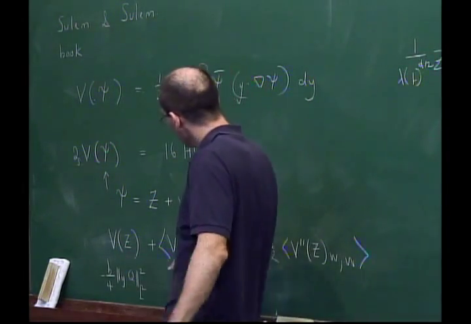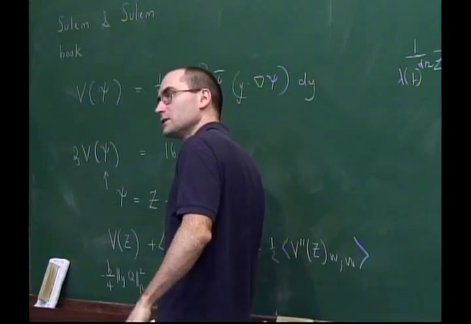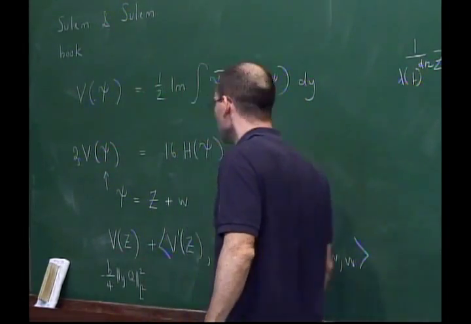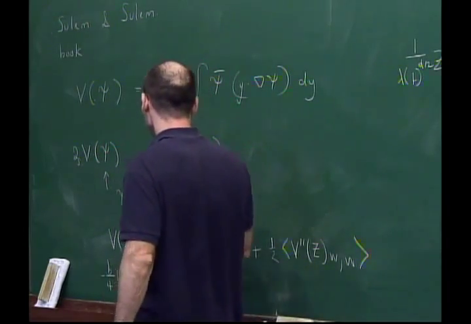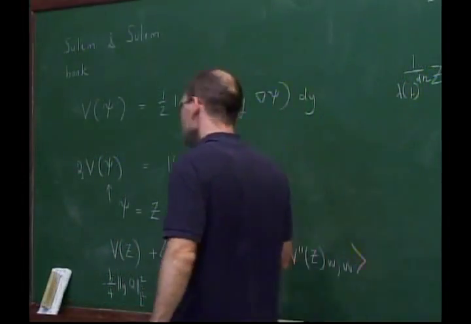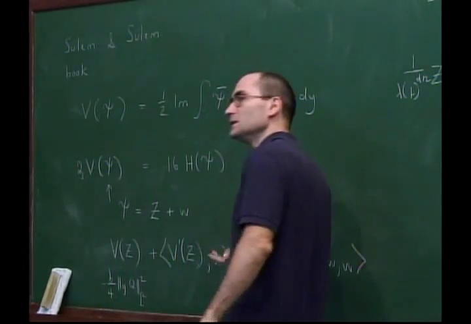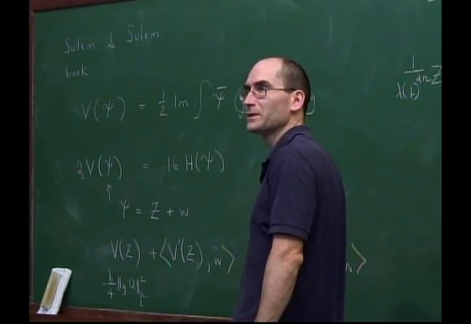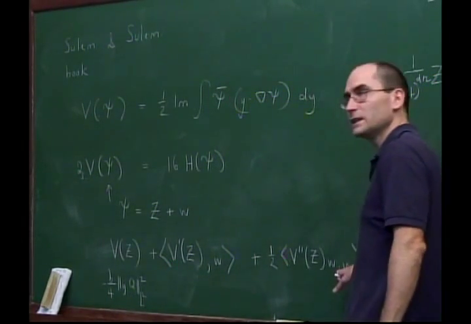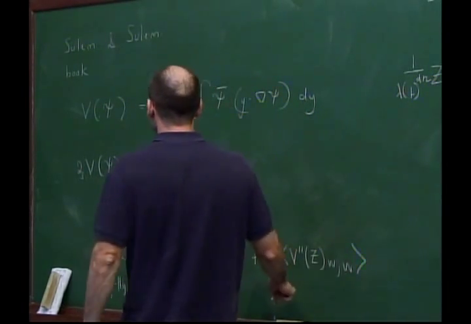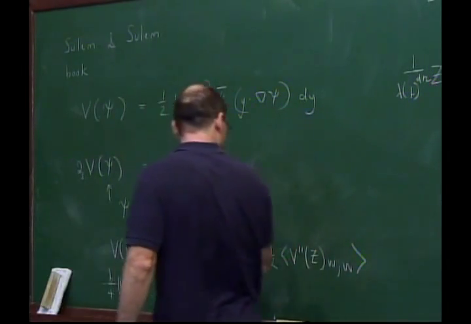And then this term is subordinate to that, because one of the orthogonality conditions says it should be. This V prime is minus i lambda z, and so there's j lambda z, and that's one of the orthogonality conditions. And then there's this term, which is the quadratic term in w, and so we have ds of that.